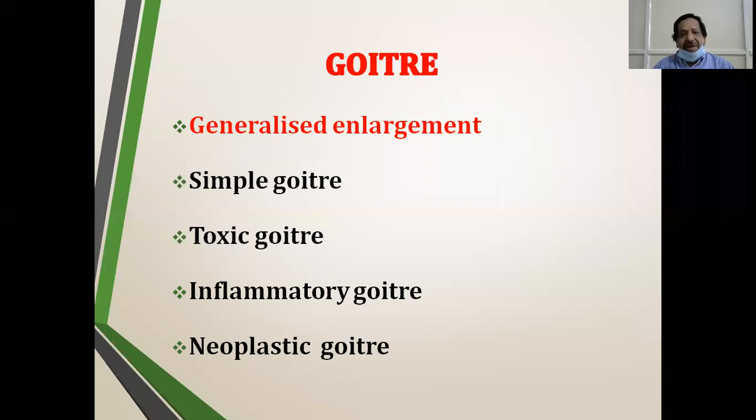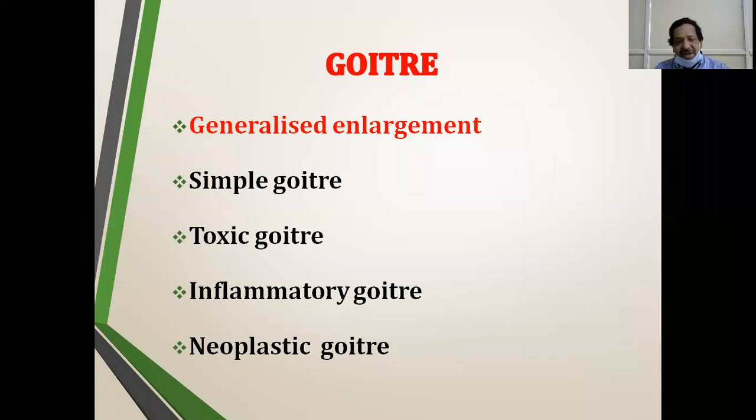Goiter, the definition is generalized enlargement or diffuse enlargement. Both lobes and isthmus, if they are enlarged, it is known as goiter. This is the textbook definition. Now, goiter can be a simple goiter without any functional disturbance, or a toxic goiter. Here, there is hyperfunctioning thyroid tissue. Or it may be inflammatory goiter, that we call thyroiditis.